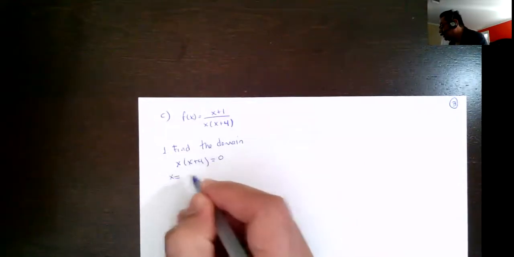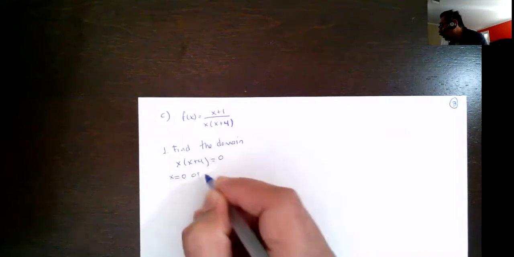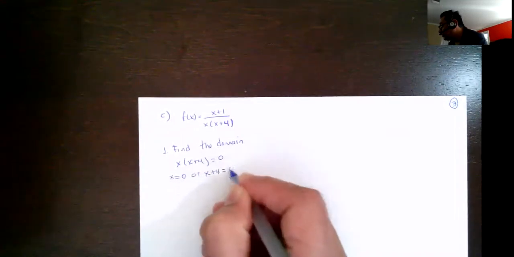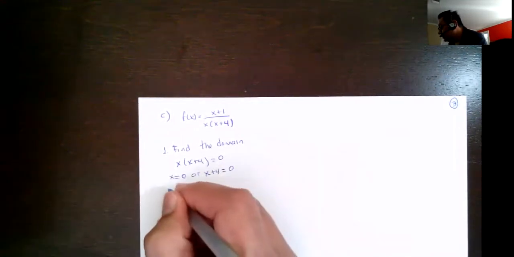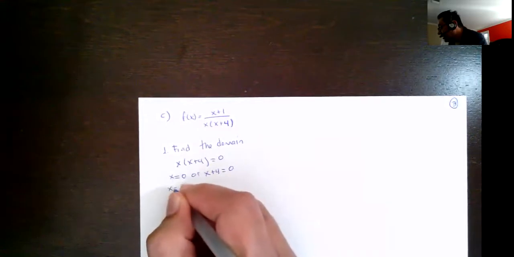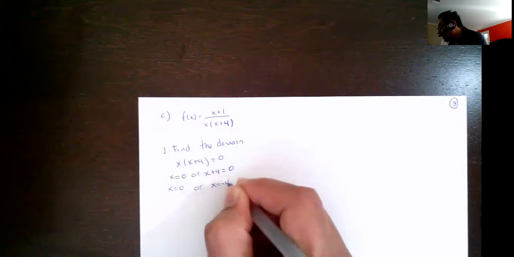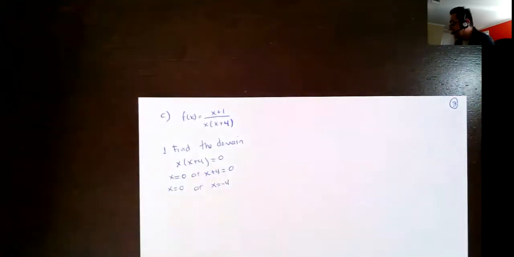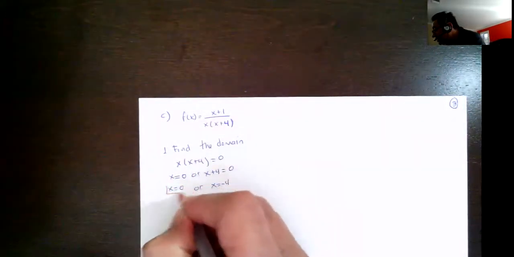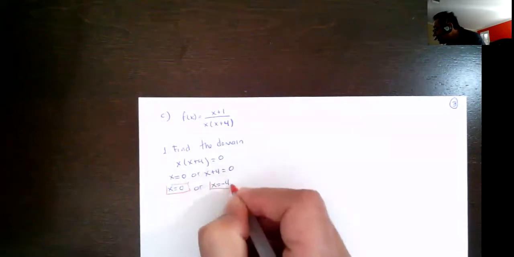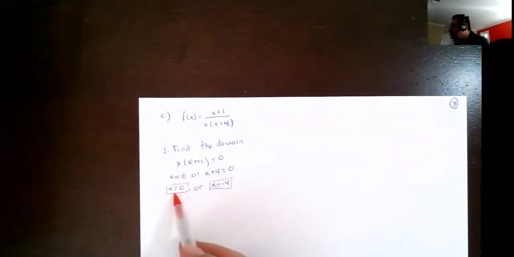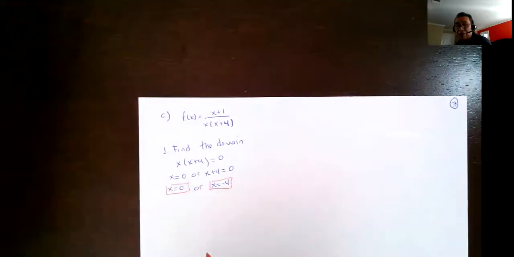Here, x equals 0, or x plus 4 equals 0. So the two values are x equals 0 or x equals -4. These two values make this function undefined, so they are not part of the domain.